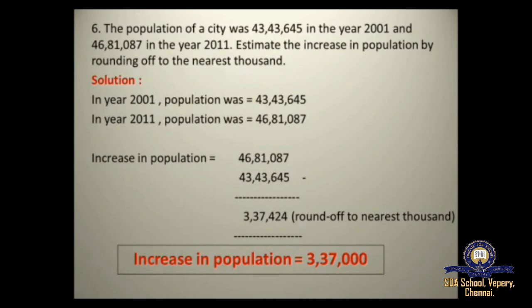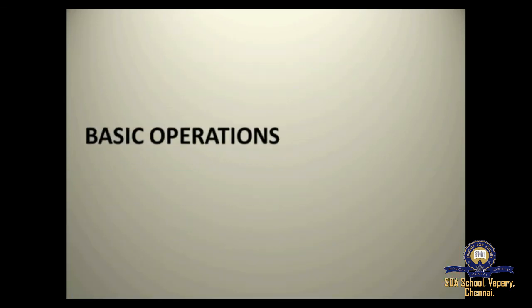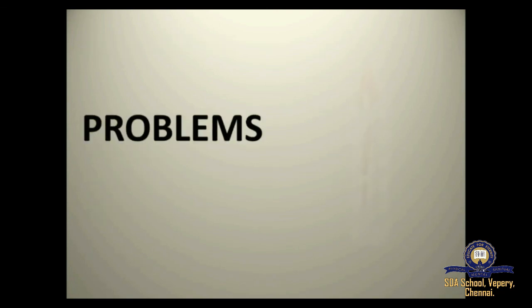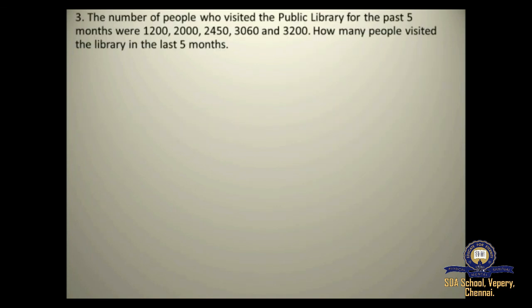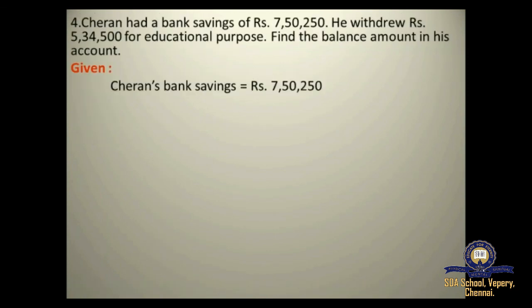Now let's do a small recap of what we learned today. So first we looked into the 4 basic operations: addition, subtraction, multiplication and division, and we saw 4 problems related to addition, subtraction, multiplication and division.